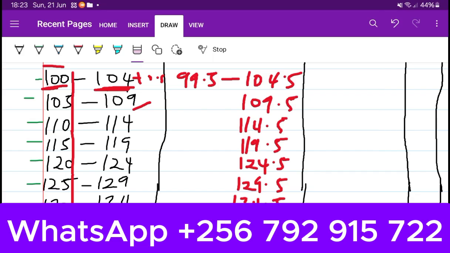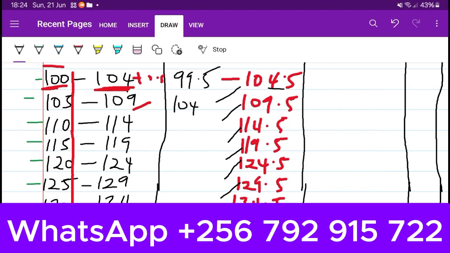Now what are you going to do? Let me first remove this. Let me use a different color. We said for this one, we are just going to take 100 minus 0.5. This will be 99.5. Now, what we do, we just push this. You bring this side, this side, this side, this side, and this one this side. You just take this 104, you take it here, 104.5. Then you take this one, 109.5.